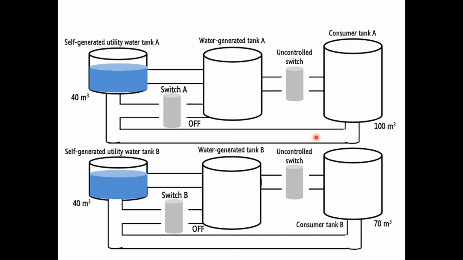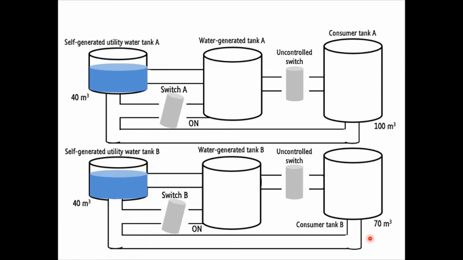Nonetheless, consumers A and B require a higher volume of water, which are 100 and 70 cubic meters respectively. Thus, this system must perform the step-up function to meet the consumers' demand.